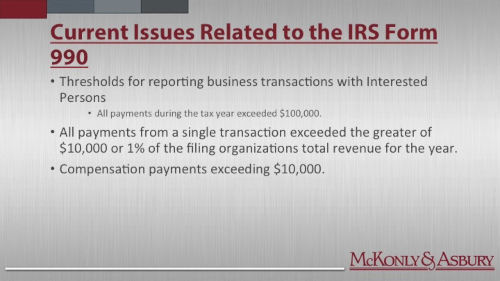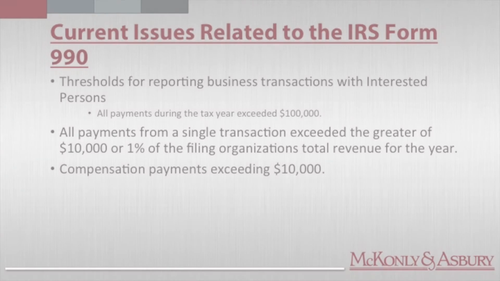The IRS wants you to disclose those. Again, if, for instance, you have a director and you are paying them compensation over $10,000, it will need to be disclosed. So these are important thresholds because a lot of times you will have some relatively immaterial transactions with a director, a business transaction, and you won't have to disclose those on Schedule L unless you hit these key thresholds.